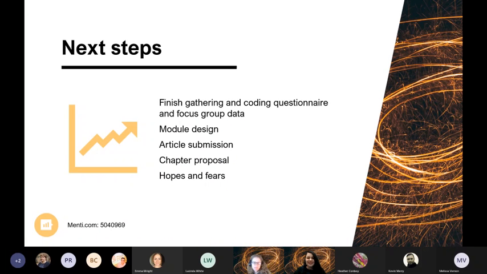Yes, so we wanted to have a quick discussion of our hopes and fears for the project and in the future. So our hopes for the module will be that it retains its inclusivity and accessibility throughout, despite any institutional changes that may adapt this. We wanted to keep the assessment design and stay as inclusive as we can.